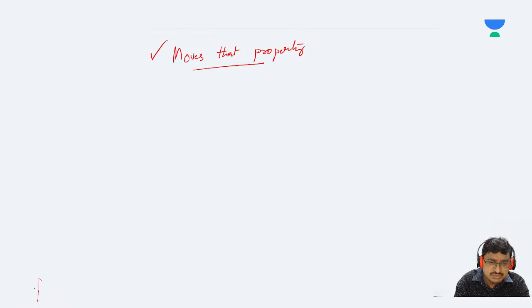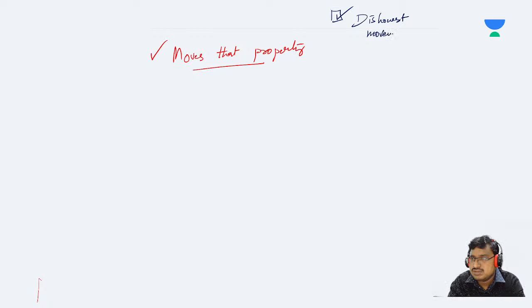Friends, here we need to remember a few important points. The first important point is that the offense of theft is completed when there is a dishonest movement of property. Okay. When the property is dishonestly moved, then theft is completed.